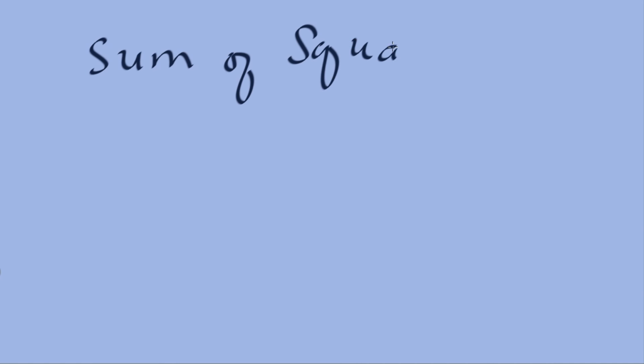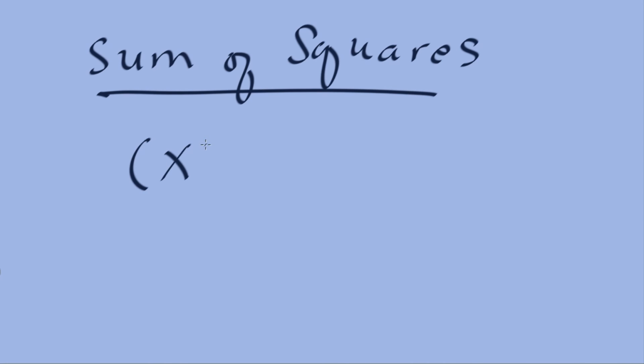Now, so that's about it for the difference of squares. What about sum of squares? Okay, for the sum of squares, I need to review this first. Let's say you're going to multiply x plus 5 and x plus 5.